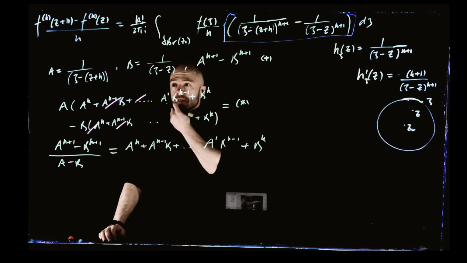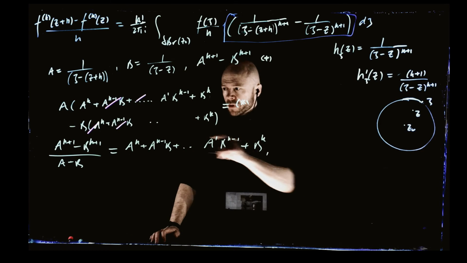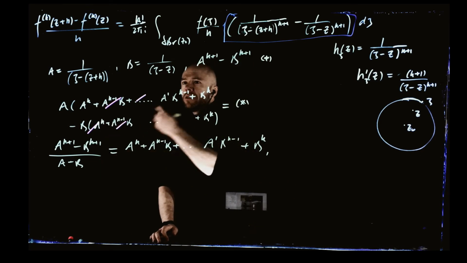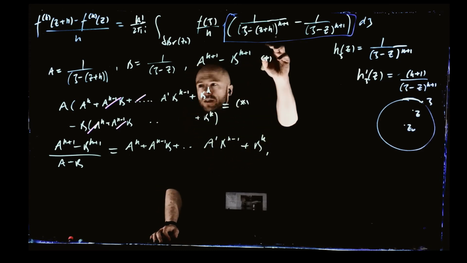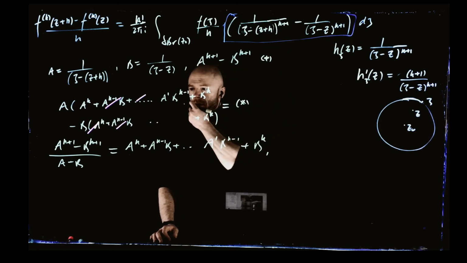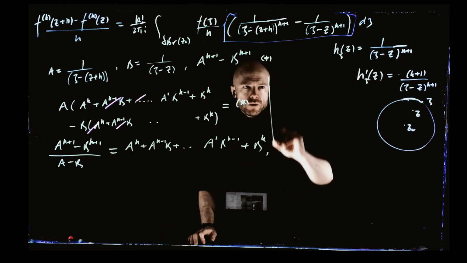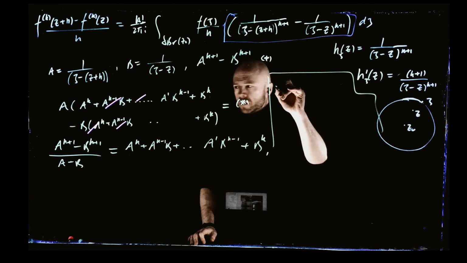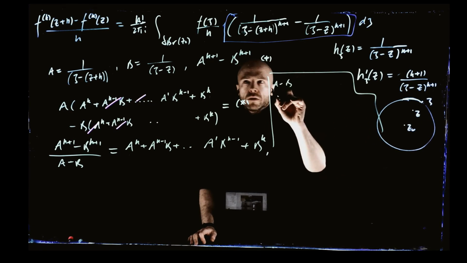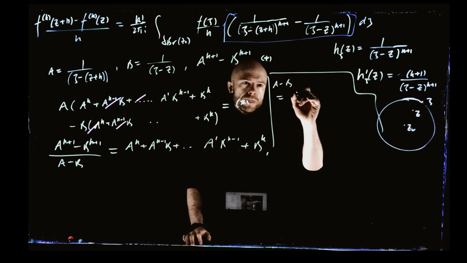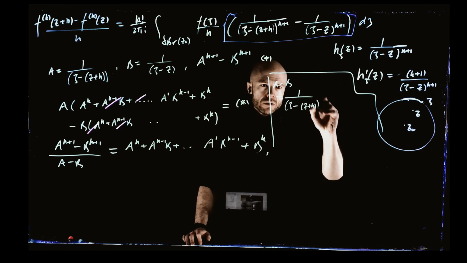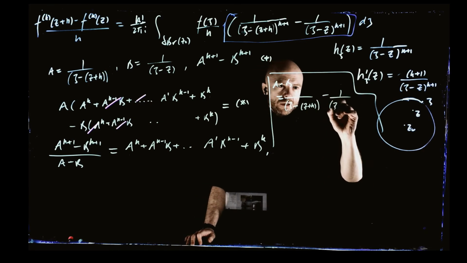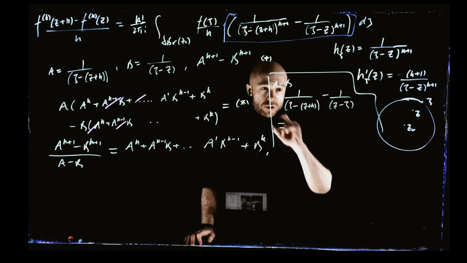So let's think about what this expression actually is, because we're trying to understand this thing. What a minus b actually is, is equal to 1 over zeta minus z plus h, minus 1 over zeta minus z. Let's make a common denominator.